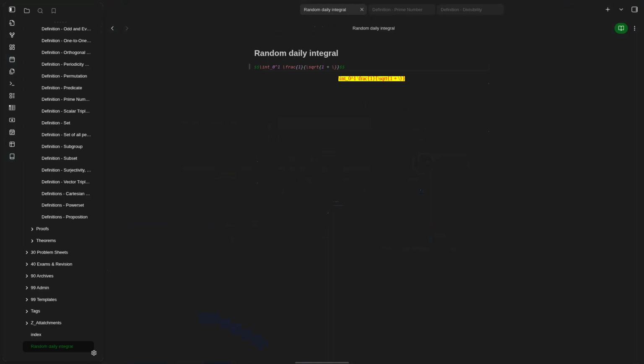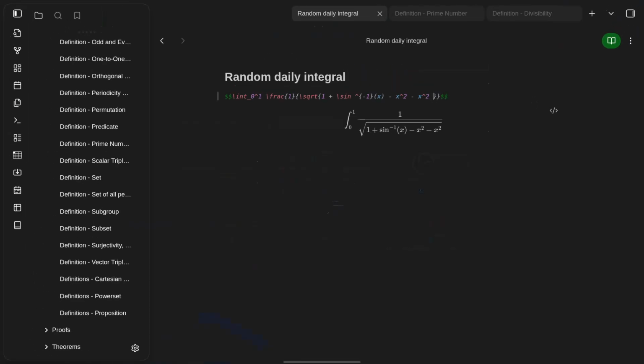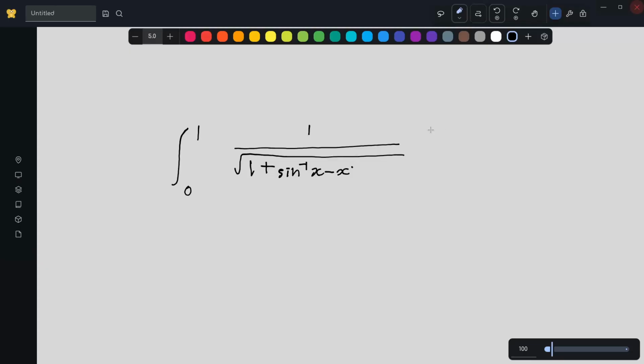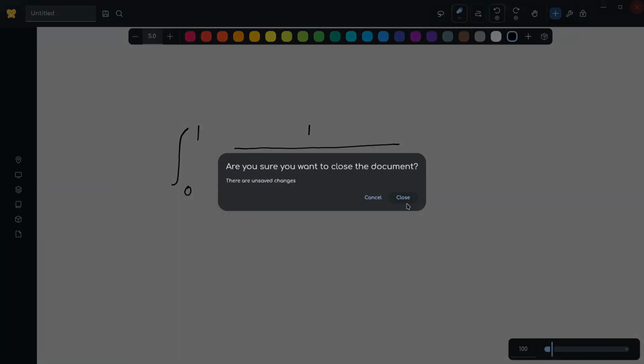I could probably just copy this actually. Why do I have this? Oh, it's the fraction bracket. Yeah, no, I'm not using you anymore. Please close.